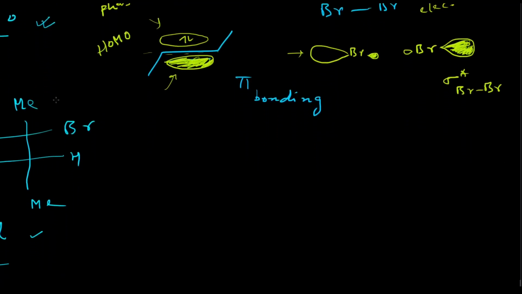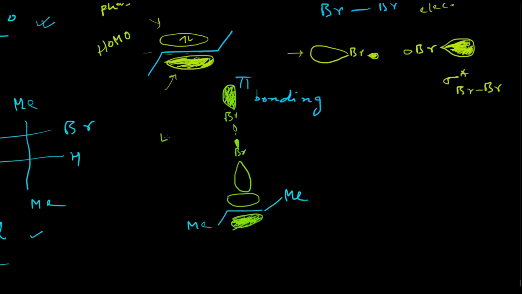What will it look like? It will look like this. So this will be the initial interaction between the HOMO of the alkene molecule and the LUMO of the bromine-bromine sigma bond.